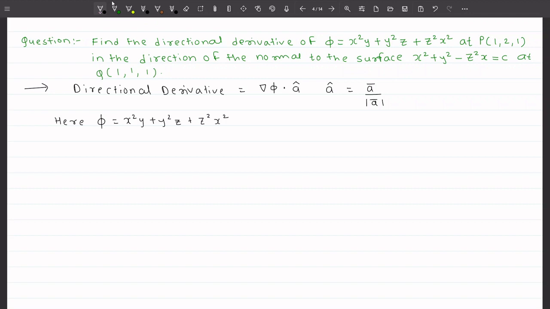So how can we define the gradient of phi? Gradient of phi is del phi by del x i plus del phi by del y j plus del phi by del z k. What is del phi by del x? That means phi's derivative with respect to x.